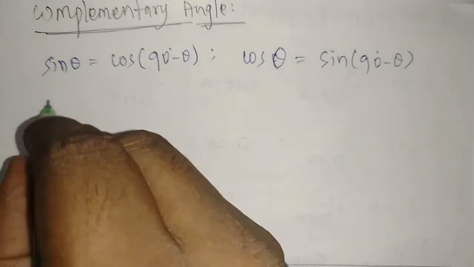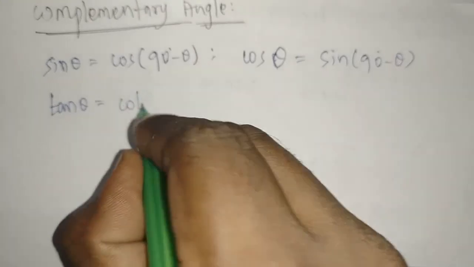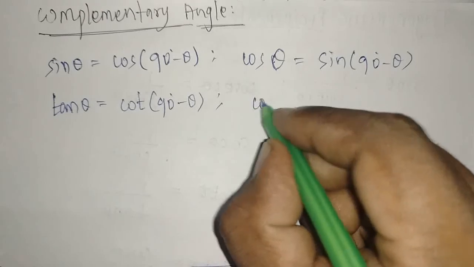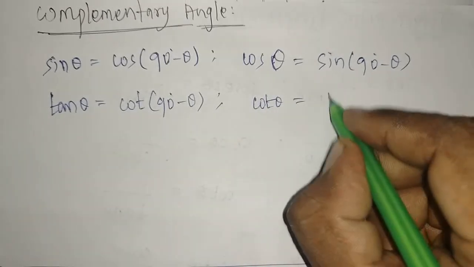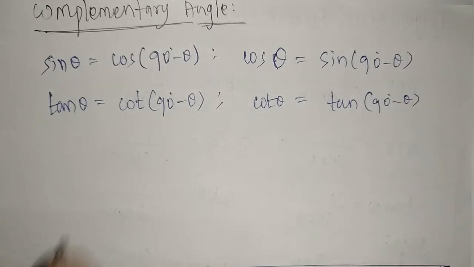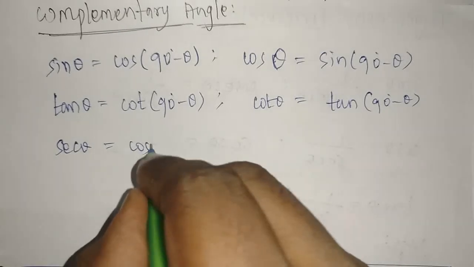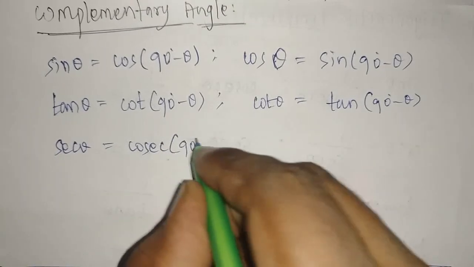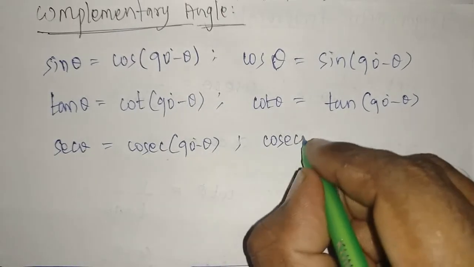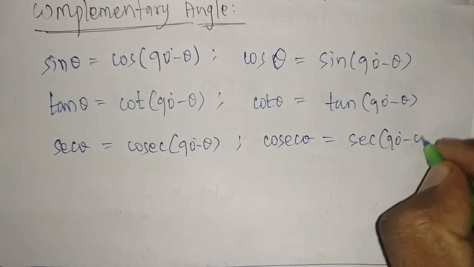And tan theta, if you need, is equal to cot of 90 degree minus theta. Likewise, if you want cot, the reverse of that, tan 90 degree minus theta. And lastly secant theta, if you want, cosecant of 90 degree minus theta, and likewise cosecant theta is secant of 90 minus theta.